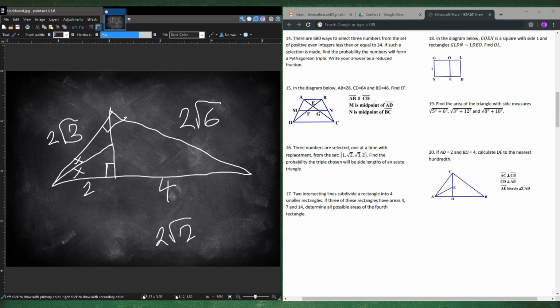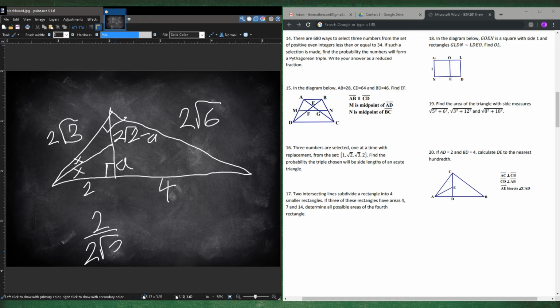Sorry about that. So this entire side length is 2 square root 2. Let's just call this A, and we're going to call the other part 2 square root 2 minus A. So that adds up to 2 square root 2. That's the height.